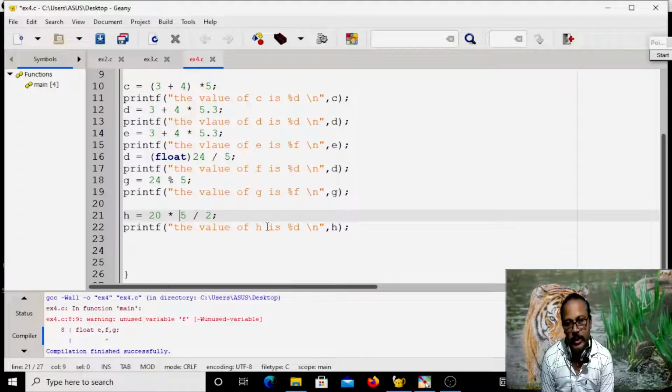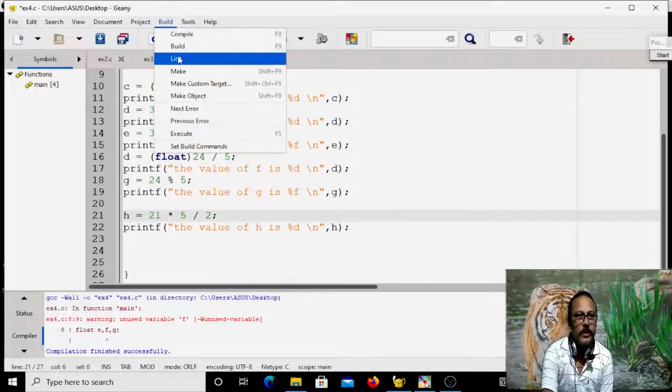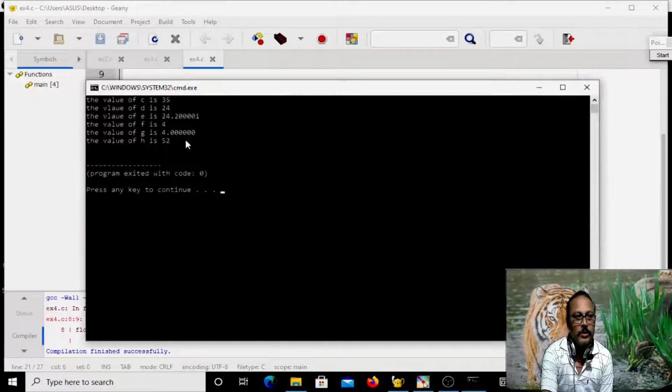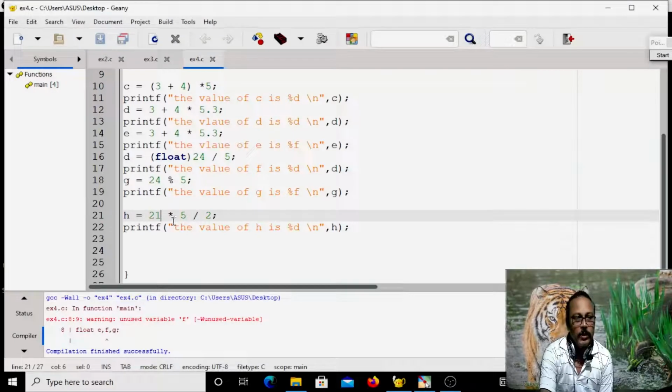Let me try another trick. You are getting 52. So instead, suppose we write it like this: 2, 5. What is the result?